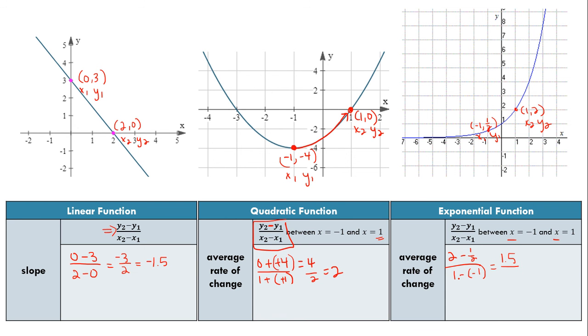And then I've got 2 negatives here, so 1 plus 1 would give me +2. And then when we simplify this, we ended up with 0.75, or if you are using fractions, we would have gotten 3/4 for our average rate of change here with our exponential function.